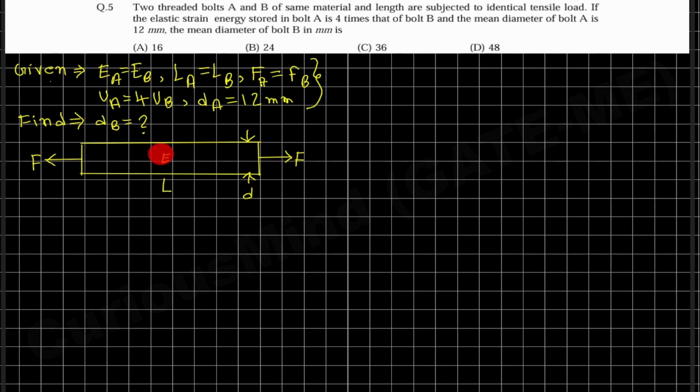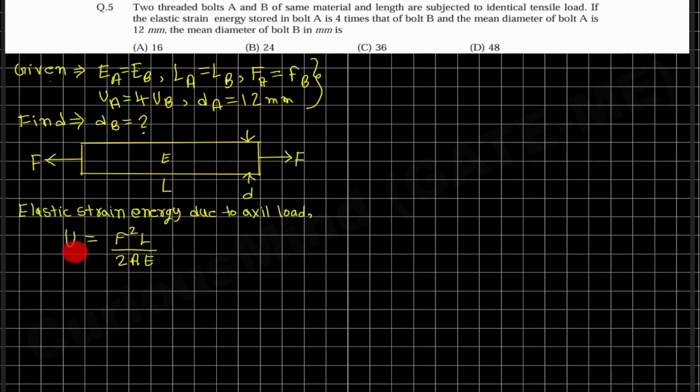So we have the axially loaded bar, which represents the axially loaded threaded bolt. Now, let's write an expression of the elastic strain energy stored in an axially loaded bar.